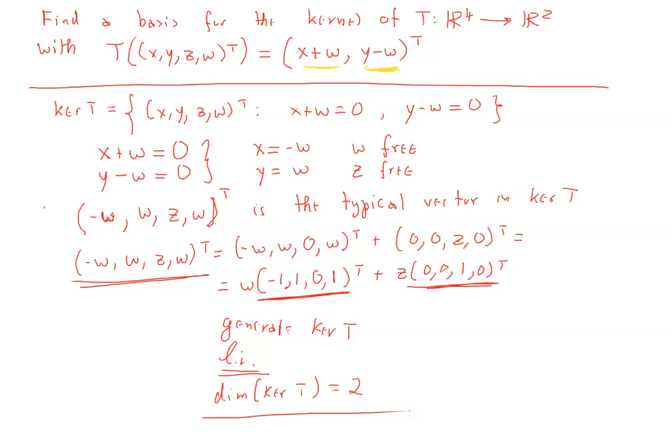The coordinates are especially simple, and they won't always be like that. But the pattern is going to remain the same. So you start by solving the system in terms of numbers and free unknowns, and then you find the generators, and then you try to check if the generators are linearly independent.